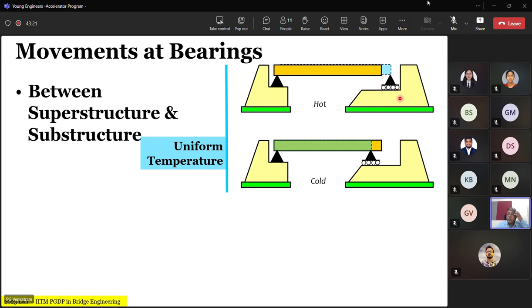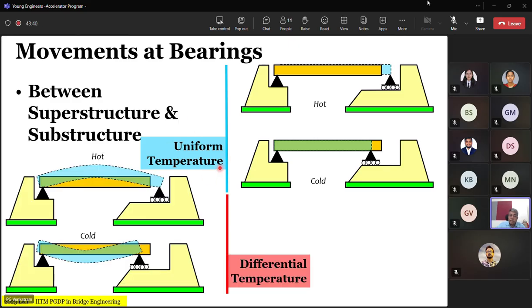Why doesn't it happen the other way around? Because we have connected it and made sure the movement happens relatively. The superstructure moves, and that is the only one likely to move. Substructure and foundation are less likely to be affected by the thermal rise and fall of the temperature.